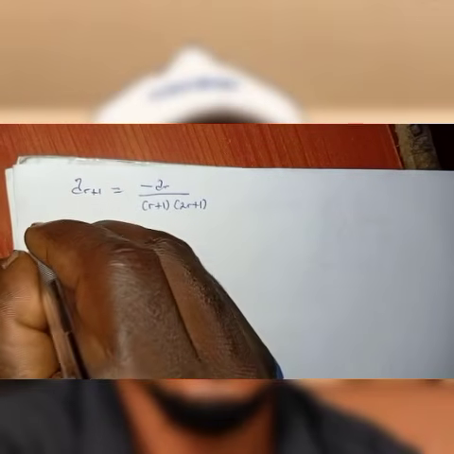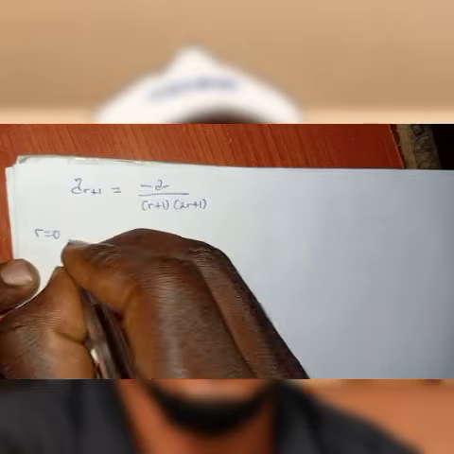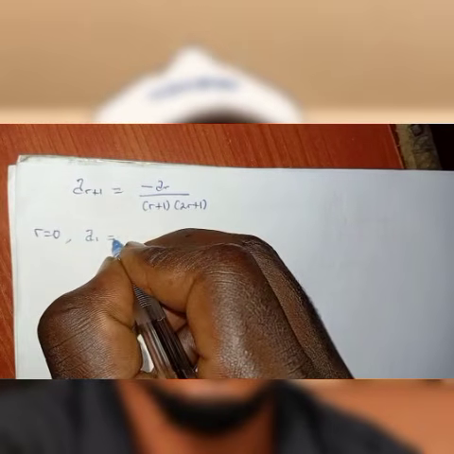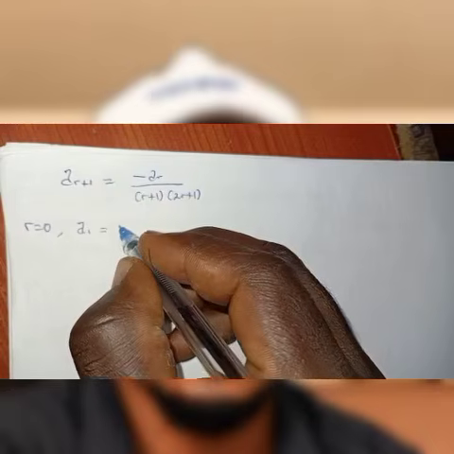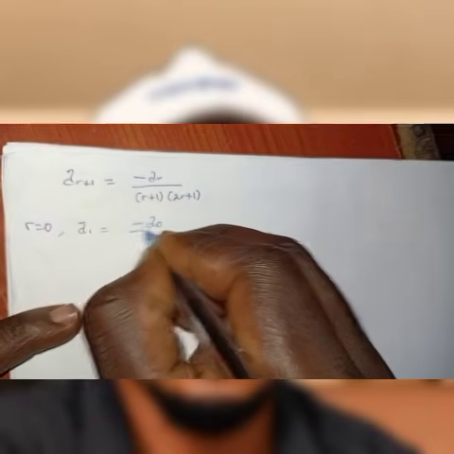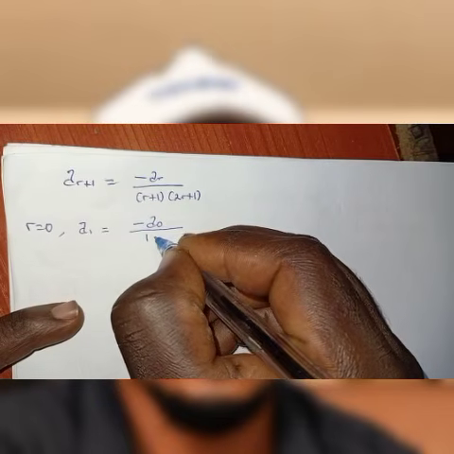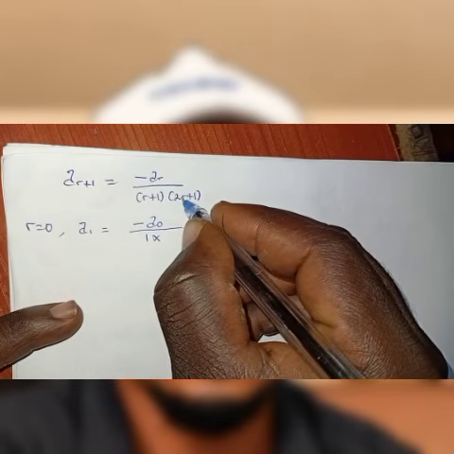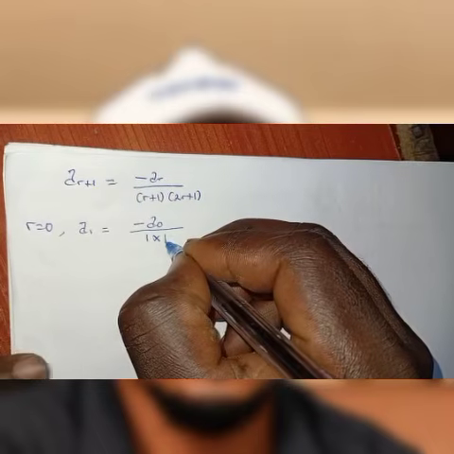Now we can say let r equals to 0. So if r equals to 0, you have a_1 equal to minus a_0 over, if I put 0 here, we have 1 multiplied by, if I put 0 here, 2 multiplied by 0 is 0 plus 1, so you have 1.